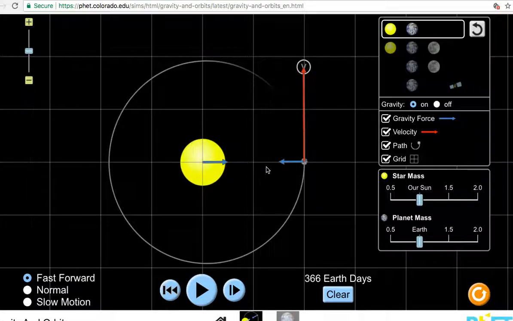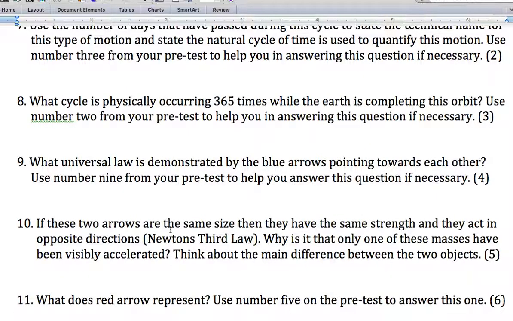You might think that doesn't make sense. Well, remember, forces always come in pairs, and they're equal and opposite. This is bringing us back to October. So the question you have to ask yourself is, why is it that only one of these 2 masses is visibly accelerated? Means its speed or direction is changing continuously.